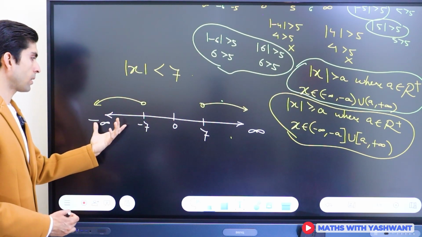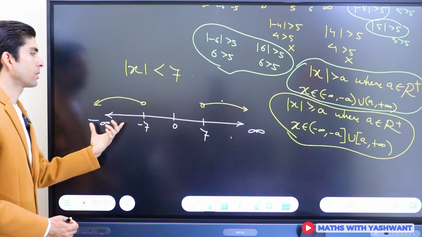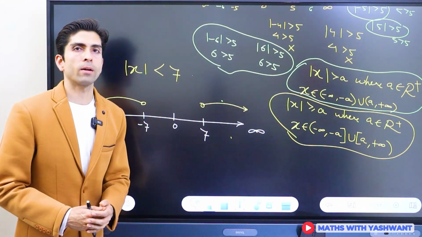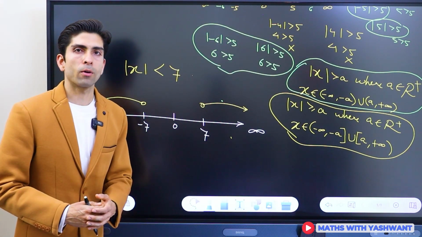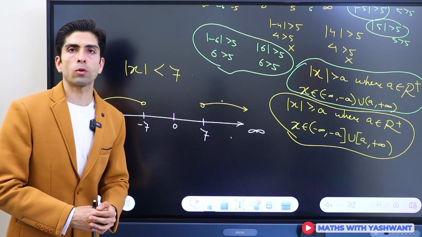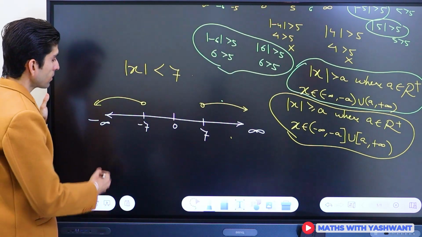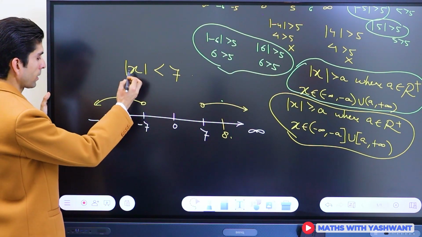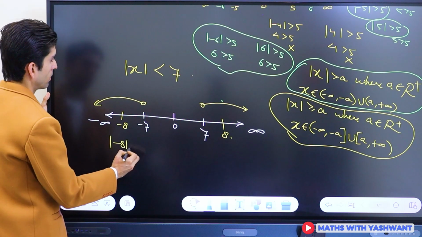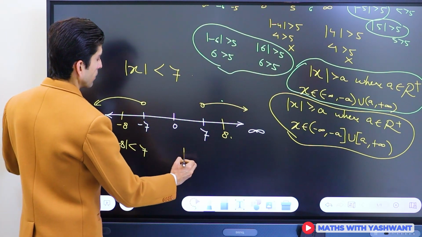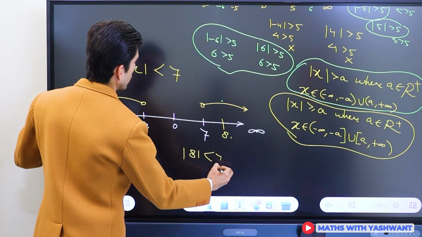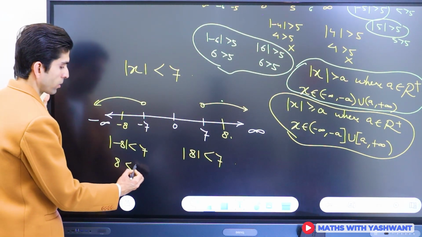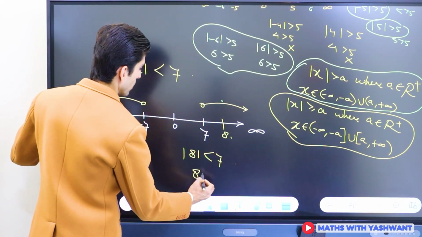Now we are taking the extreme left interval and the extreme right interval of the number line, and we are verifying if there is some number existing which can satisfy this inequality. So let's take negative 8 and positive 8 and see what's happening here. We put them in the inequality. Modulus of negative 8 will be 8, as modulus always gives you a positive output.